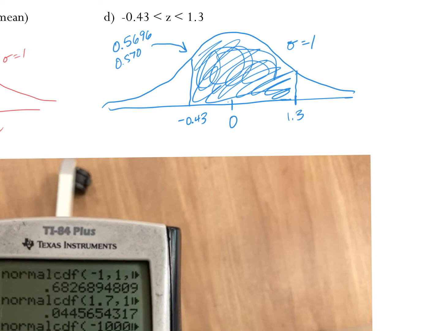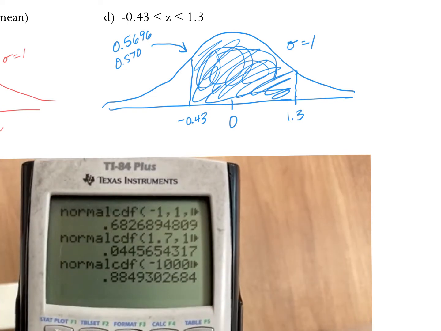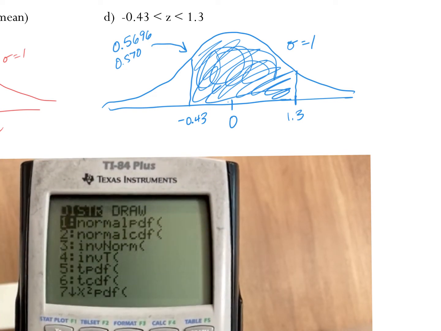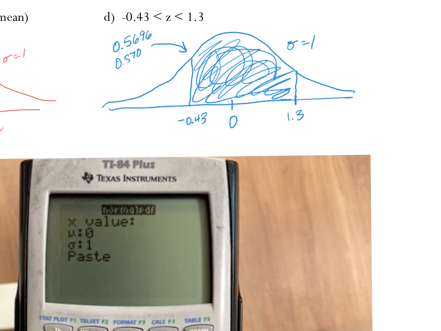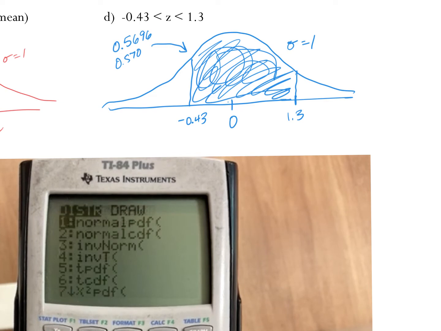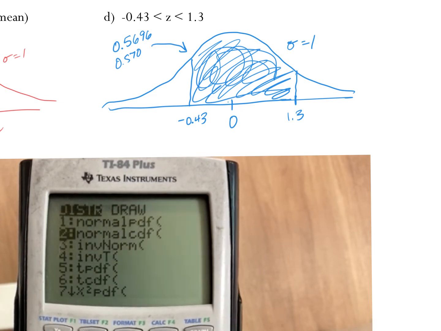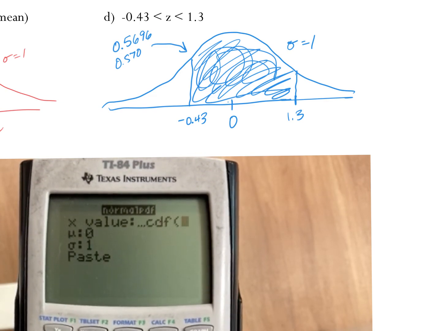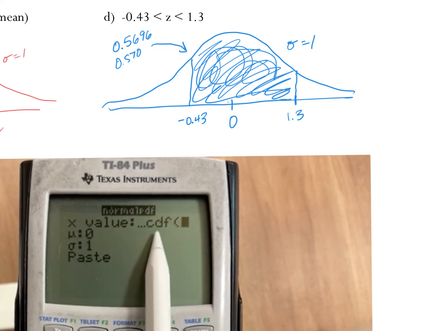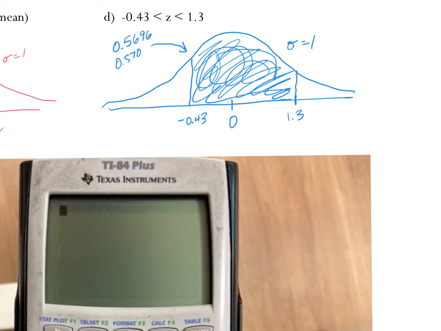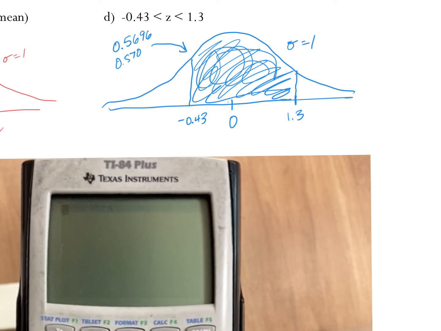If I choose normal PDF accidentally, notice that the first thing it says is X value. So when I try to go to normal CDF after that, it starts trying to fill in this normal CDF into that PDF. So you just have to quit, and you want to be in this main calculator screen. You guys, so we got 0.57?